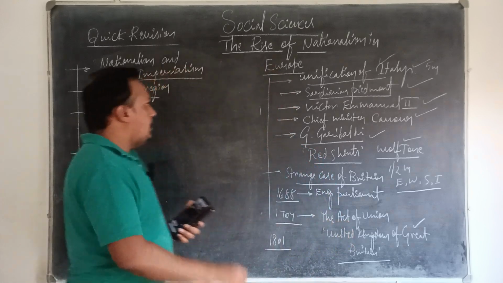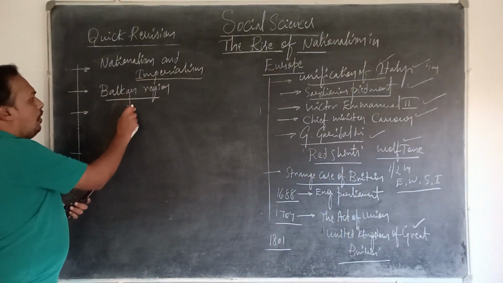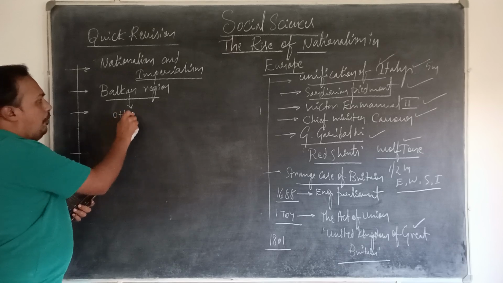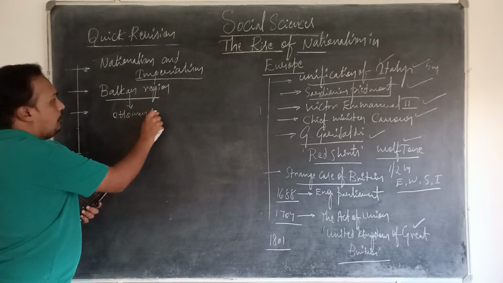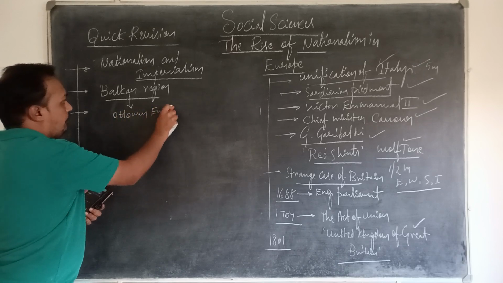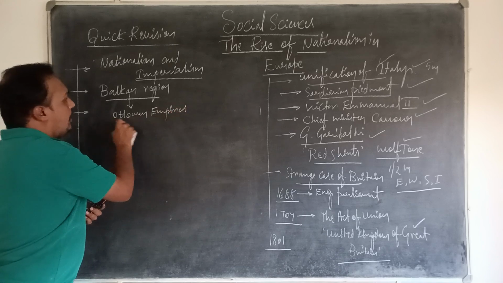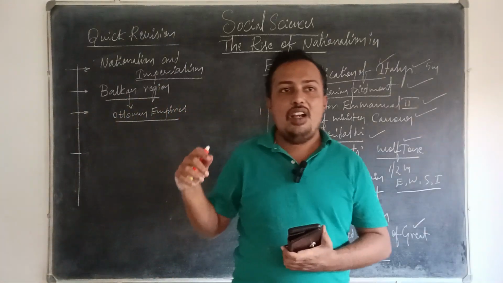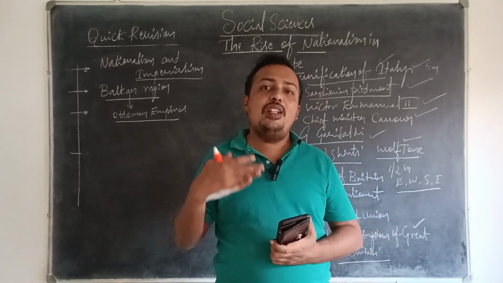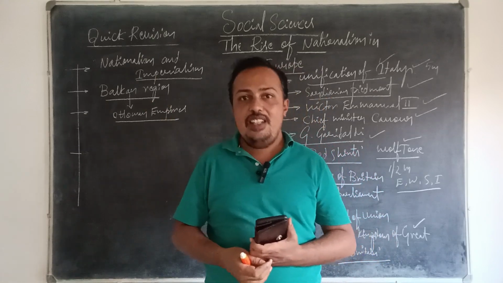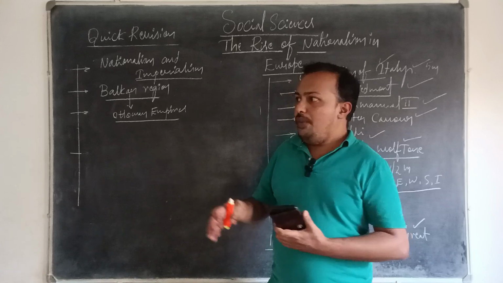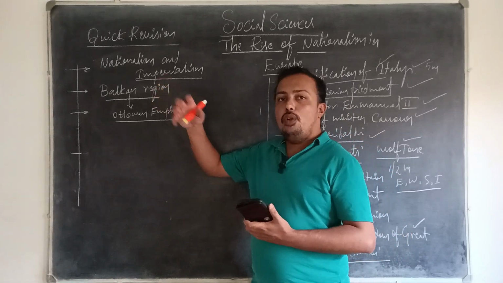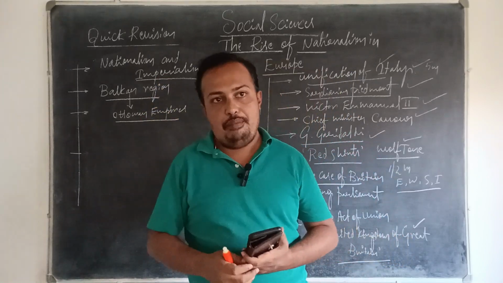The Balkan region was ruled by whom? The Ottoman Empire. Instability and internal struggles in the Ottoman Empire during the last quarter of the 19th century led to the dispersal of the European countries from the Ottoman Empire.